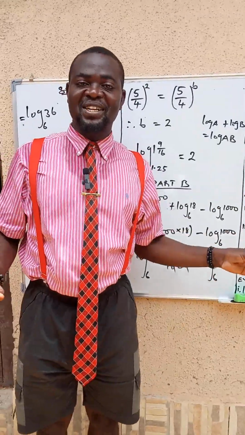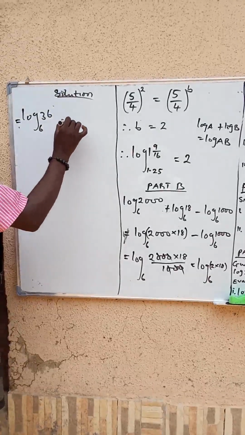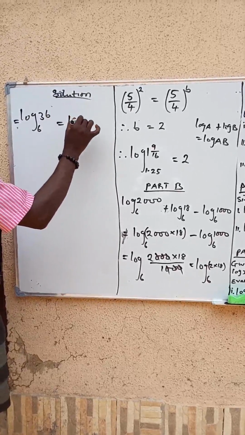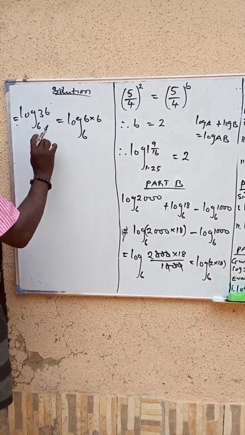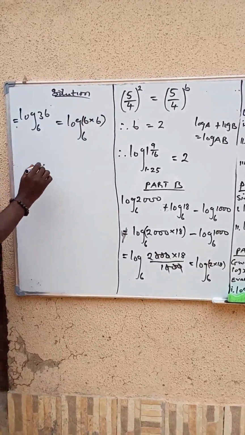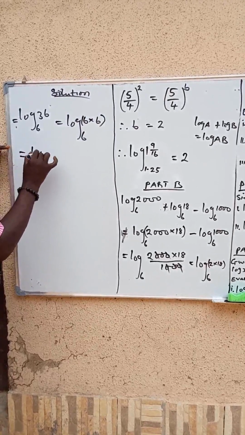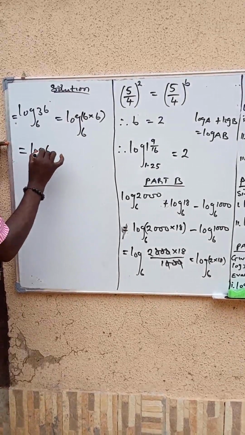So look at what we'll do here. This is the same thing as log of 6 times 6 to base 6, and 6 times 6 is 6 squared.